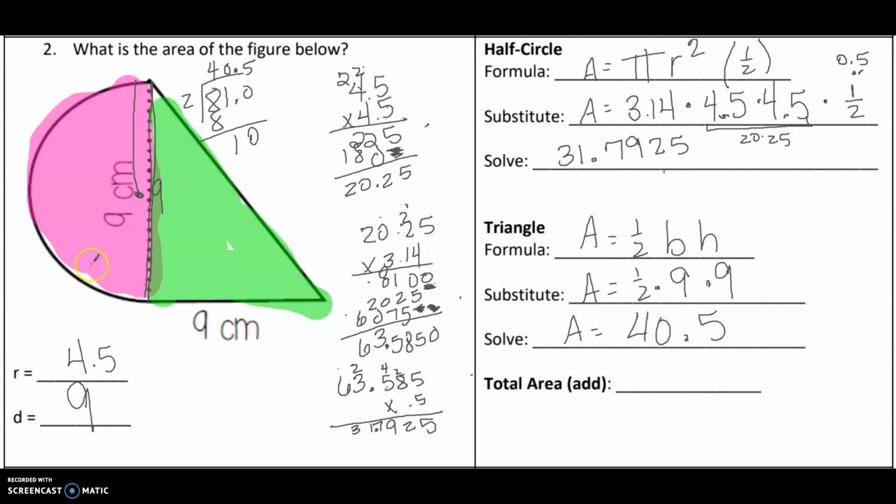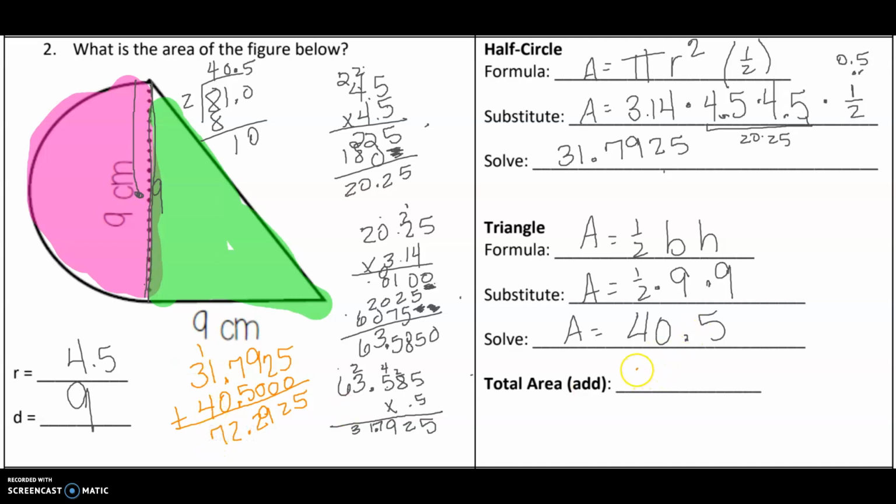We have one shape when we started, so we have to have one answer. So we're going to take the 31.7925, add that to our 40.5000, so they line up. 5, 2, 9, 12, 2, and 7.